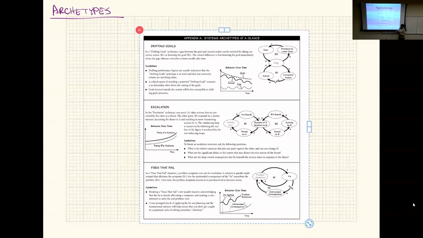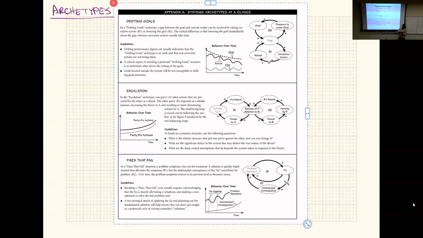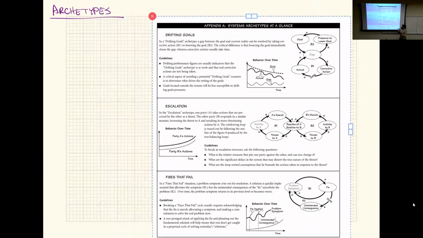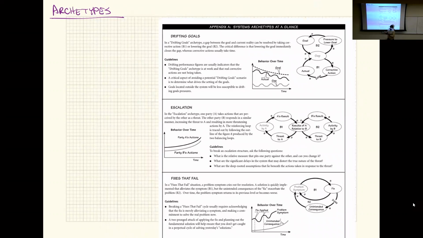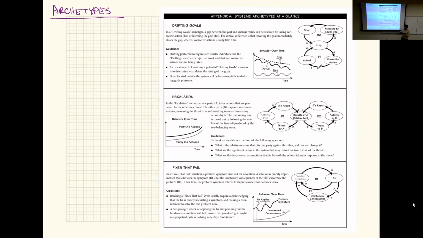Okay, so this Appendix A of this article I really like, in that it has a nice summary of these very common systems archetypes or traps that you see up here. I'll just list a couple of these. I mentioned escalation earlier. And what I like about what they've done in the summary here is it gives you an idea of what the behavior over time would be.